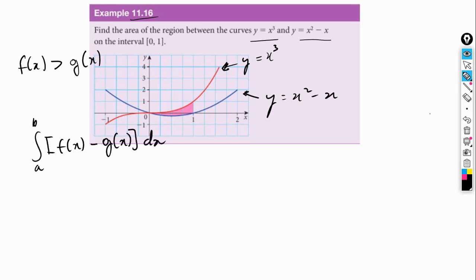And this is what we would integrate. So in this case, the area would be given by the integration from 0 to 1 of the top curve again, which is x cubed, and the bottom curve, right? So the bottom curve is x squared minus x.